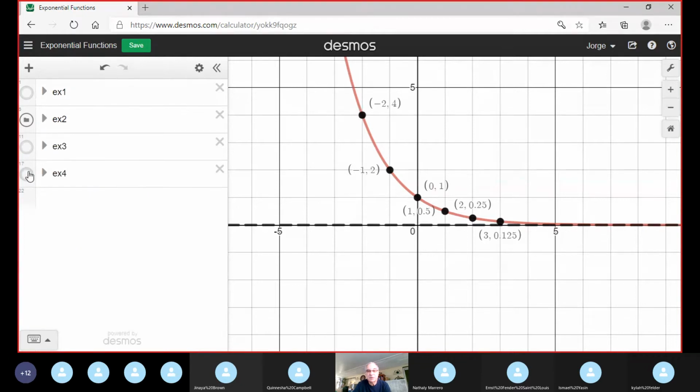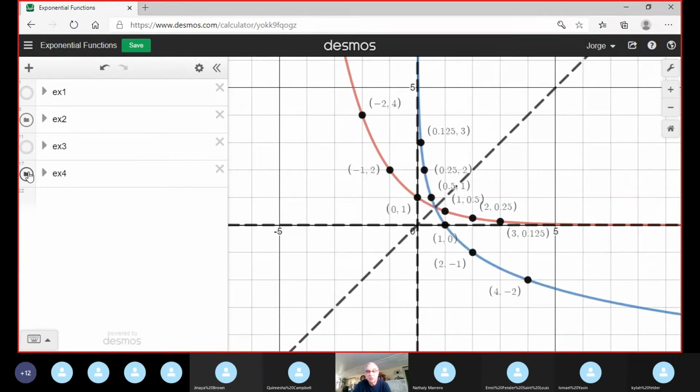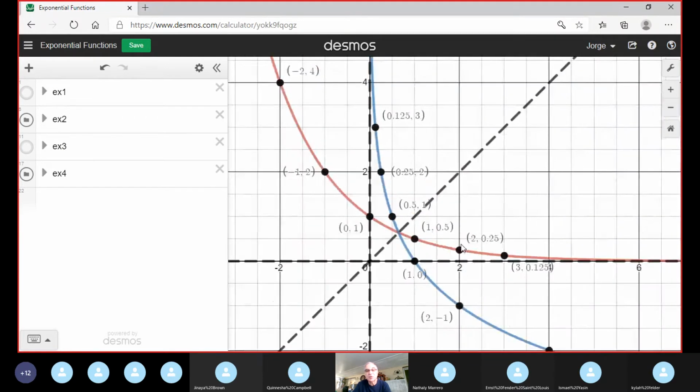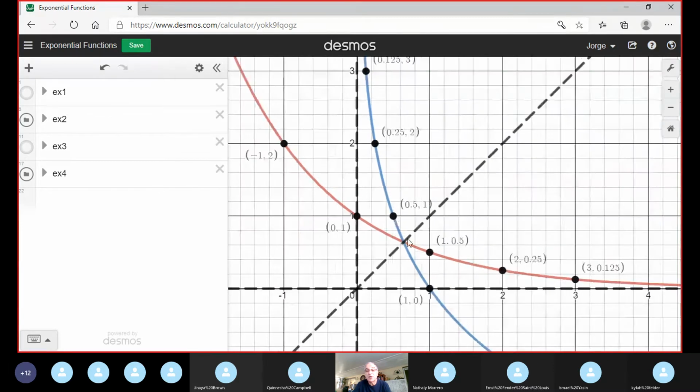Now, the logarithm is the image by reflection over the line y equals x. Let me analyze some points. Suppose the point (0, 1) in the exponential corresponds with (1, 0) in the logarithmic. The point (1, 0.5) corresponds with (0.5, 1). So you interchange x and y.